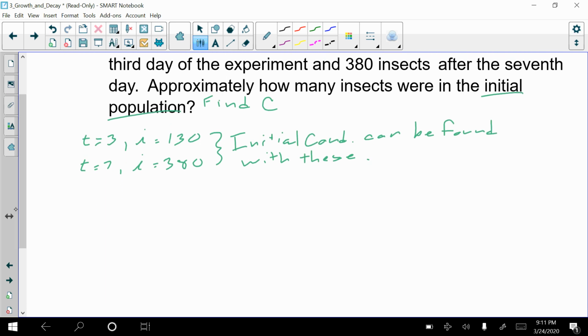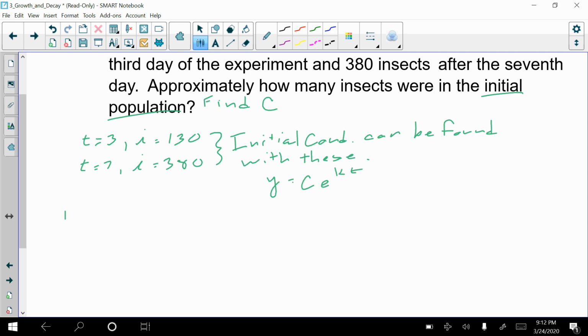Now we know we have our equation of y equals c times e to the kt power. That equation isn't going to change. But we do know that at some point, time is going to give us 130 insects.